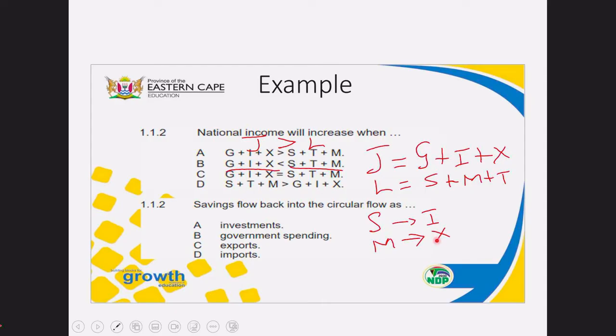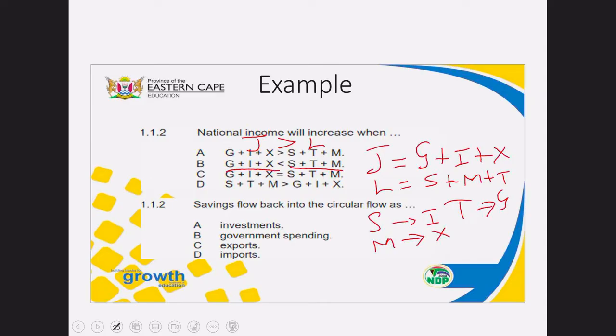And again, you've got your taxes. Your taxes will flow back in the form of government expenditure. So when we talk about the flow back of the leakages, this is exactly what we talk about.